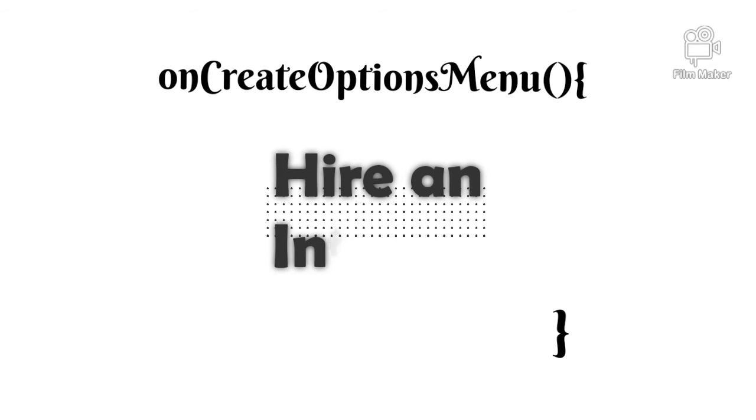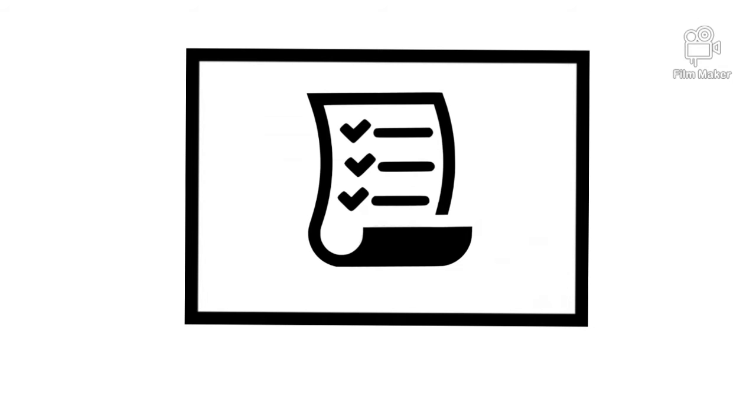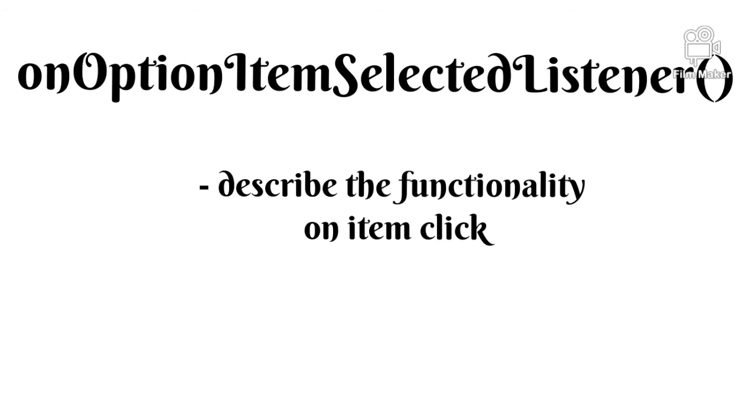We will use an inflater in the onCreateOptionsMenu method to create the layout and inflater to get the view. In other words, onCreateOptionsMenu will display the box and inflater will display the options inside. And second, the onOptionsItemSelected method, as it's clear from the name, is used to specify the action to be performed when the user selects a particular item in the menu.